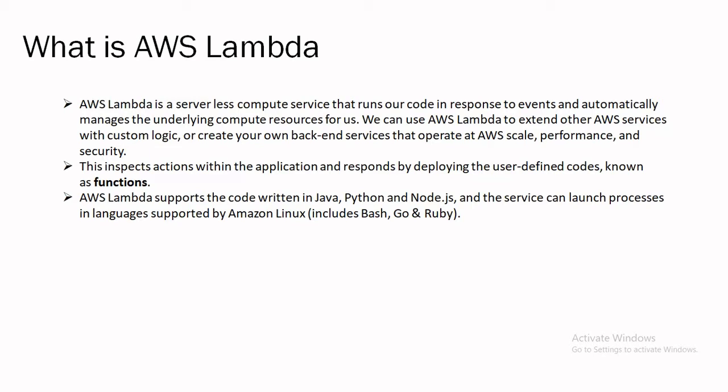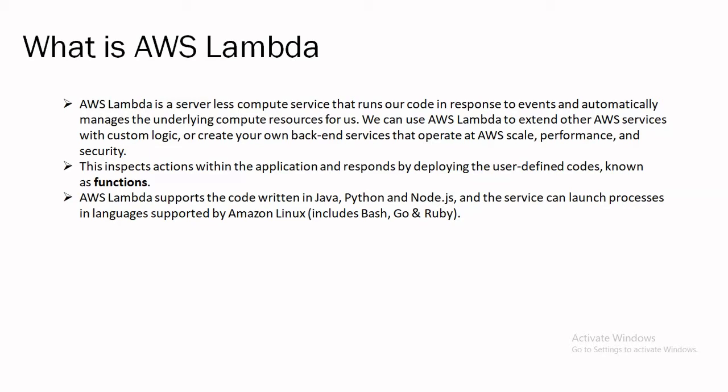This inspects actions within the application and responds by deploying the user-defined code known as functions. AWS Lambda supports code written in Java, Python, and Node.js, and the service can launch processes in languages supported by Amazon Linux, that is Bash, Go, and Ruby.